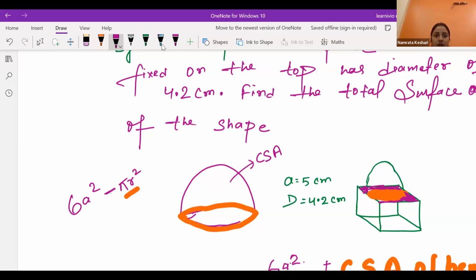Okay, so basically for the total surface area of this solid, we will take the total surface area of the cube minus the circle's area plus the curved surface area of this hemisphere.